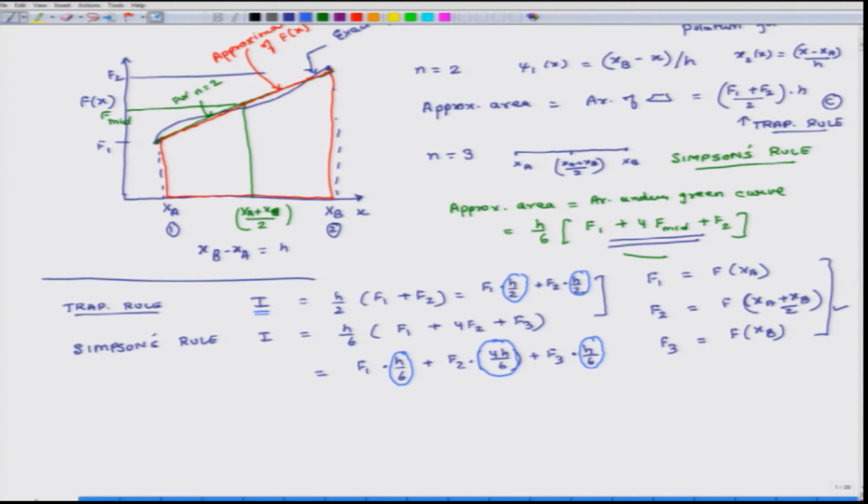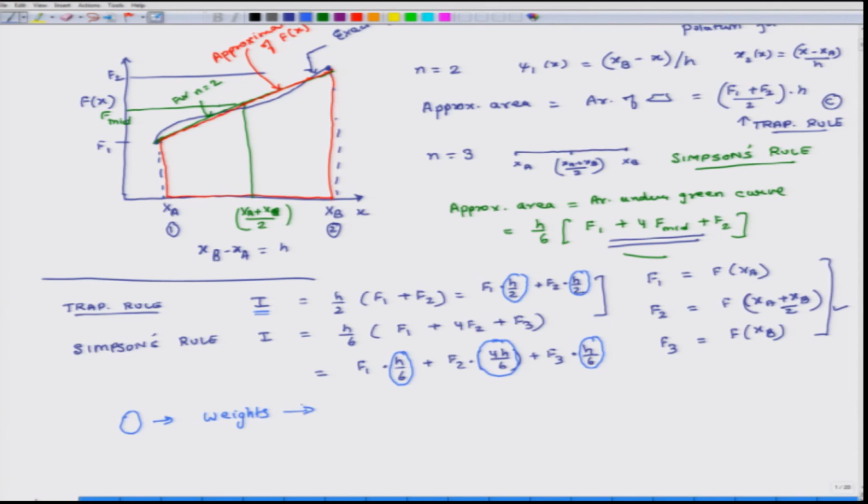Okay. So these encircled constants are known as weights. They are not functions because they are constants.